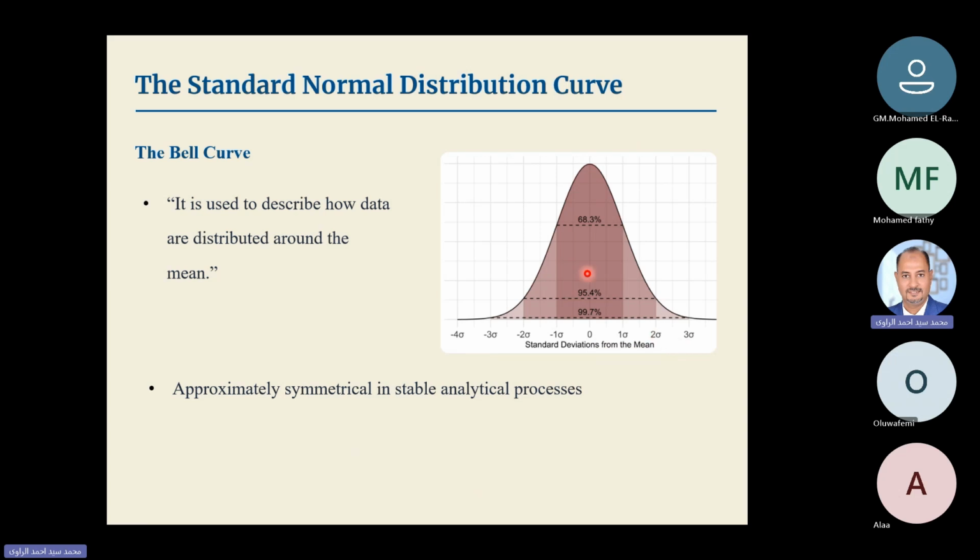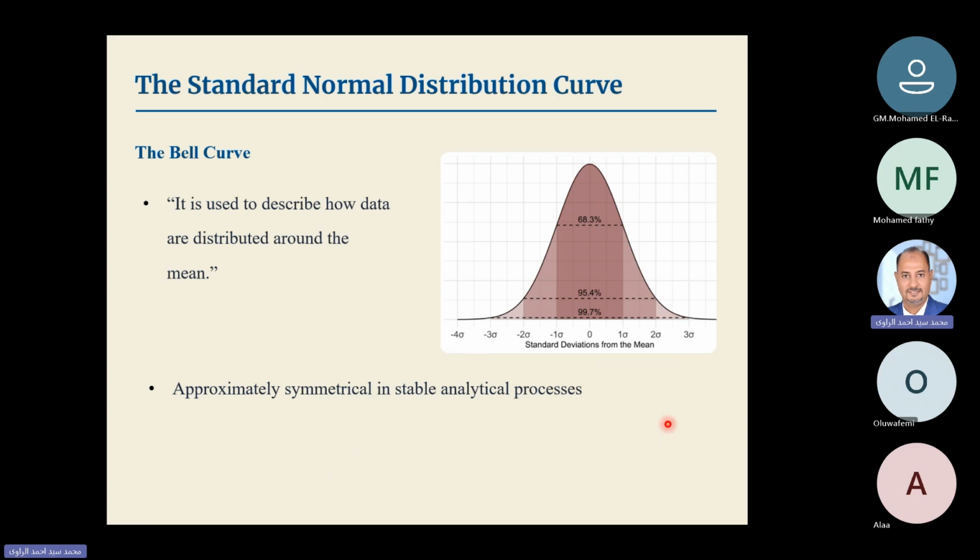According to the empirical rule related to this normal distribution curve, about 68.3% of our data or our results lie near the mean, between plus one standard deviation and minus one standard deviation.